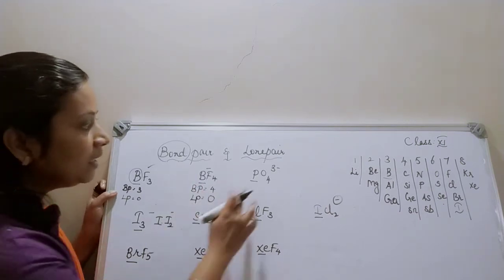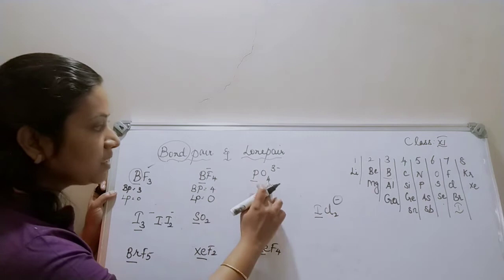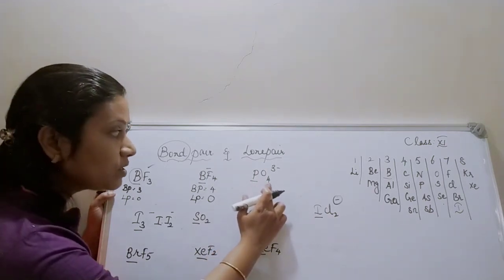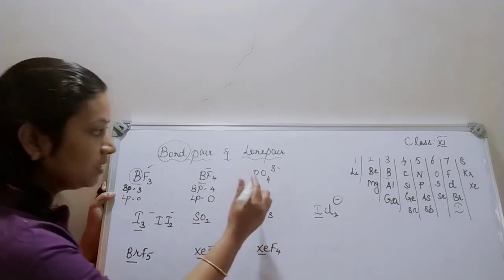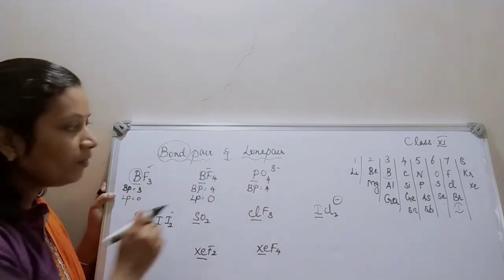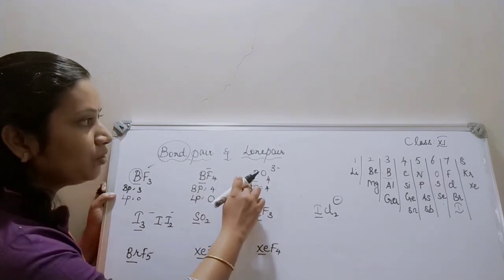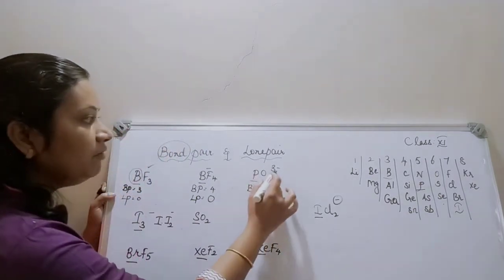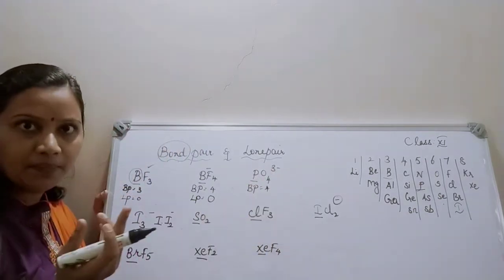Now in this example, phosphorus. How many oxygen atoms are bonded to phosphorus? 4 oxygen atoms are bonded to phosphorus. So bonded pair is equal to 4. Now what is the valence electron count of phosphorus? Phosphorus has 5, and 5 plus 3 is 8.